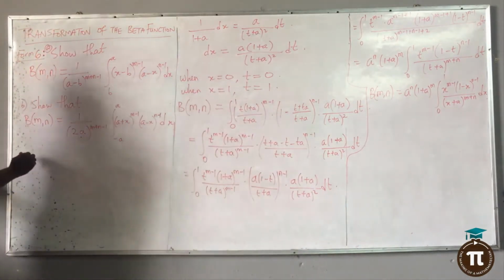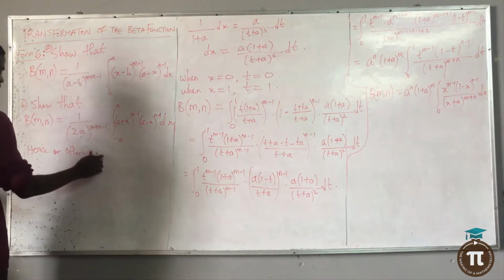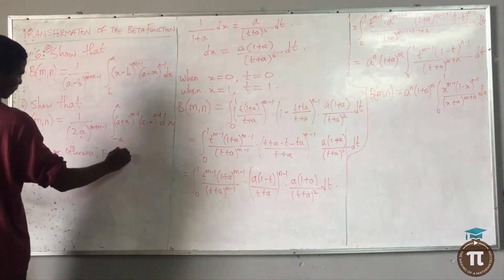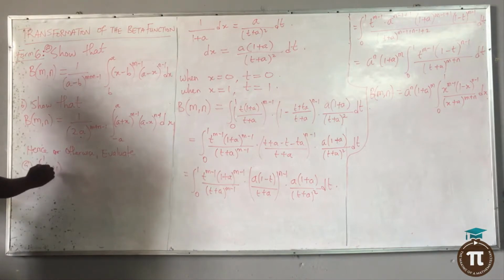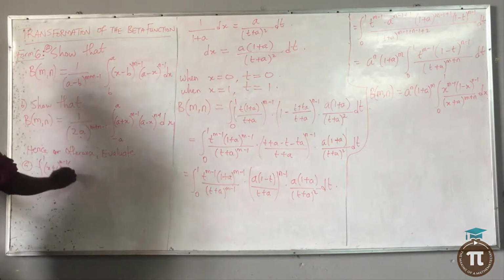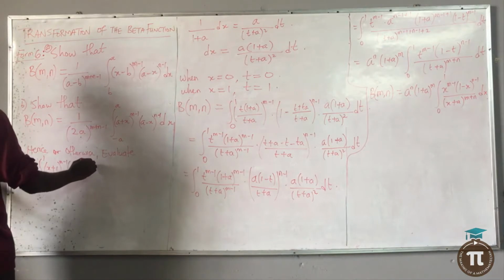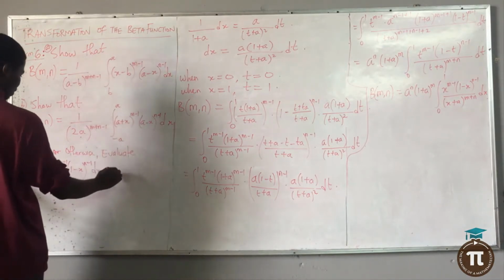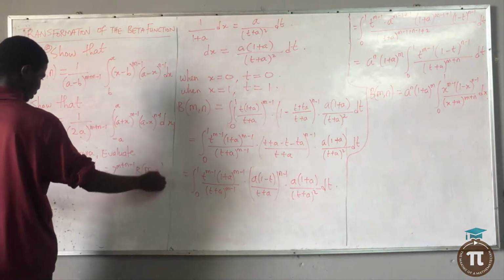So again, s or otherwise, evaluate the first one, a integral from minus 1 to 1 of x plus 1 raised to the power of m minus 1, then 1 minus s raised to the power of n minus 1 ds is equal to 2 raised to the power of n plus n minus 1 beta of n comma n.